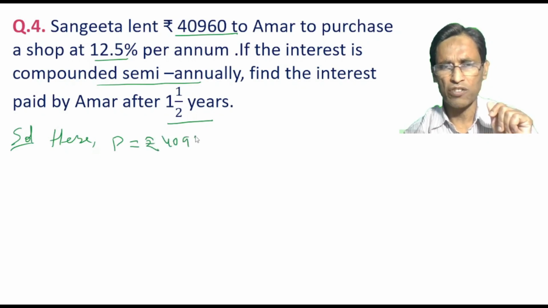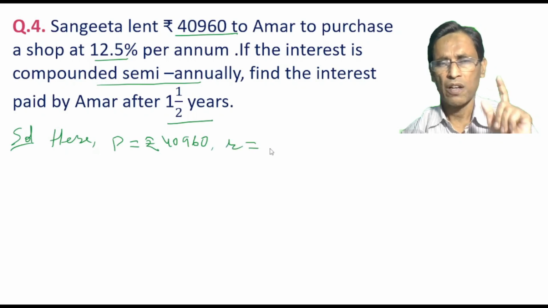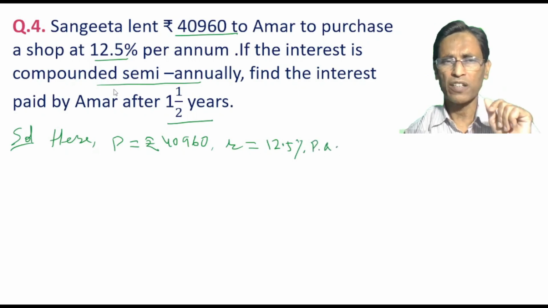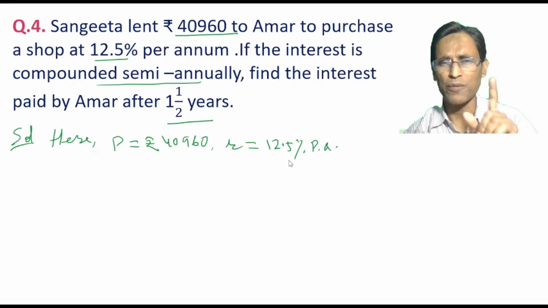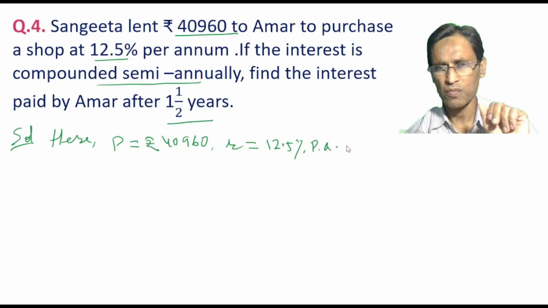Here, principal is rupees 40,960. Rate of interest is equal to 12.5% per annum. But to fulfill the condition, interest is compounded semi-annually, we will have to divide it by 2. And so, 12.5 by 2% half yearly.